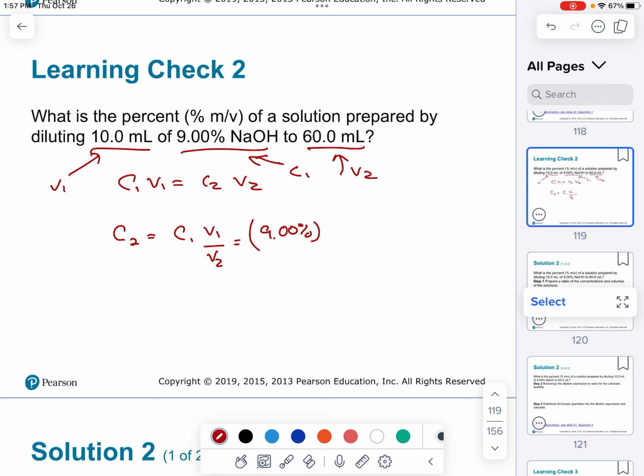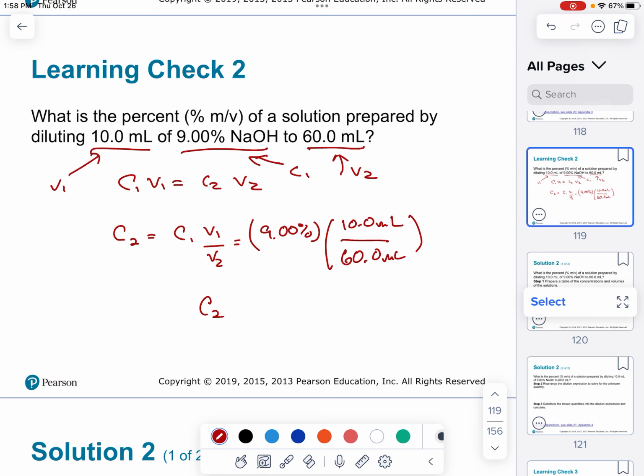9.00% times 10.0 milliliters divided by 60.0 milliliters, 1 to 6. And let's see, what is that? Equals 9 divided by 6, 1.5.